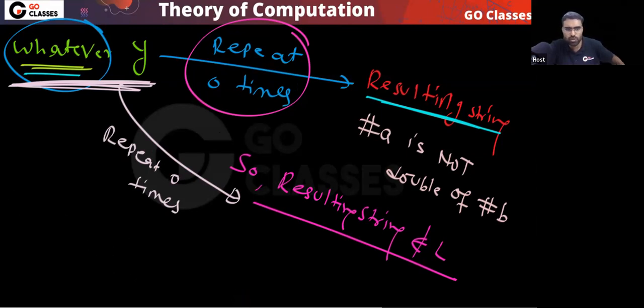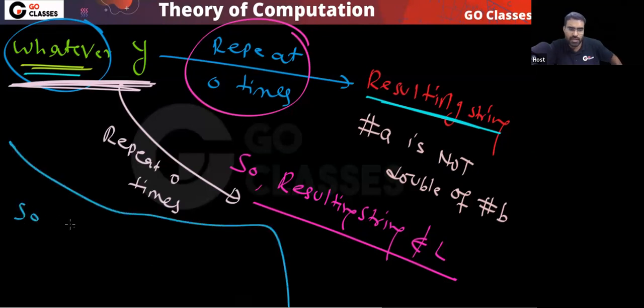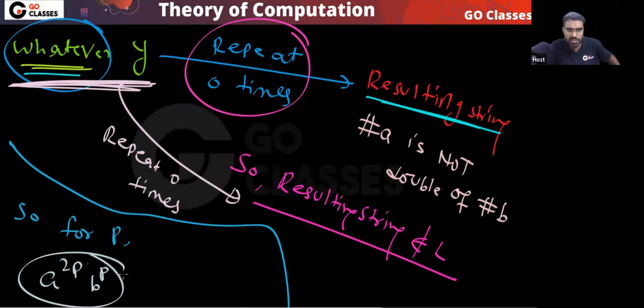Yes or no? So this string is saying I will not pump. Whatever P you take, for all P, which string is saying I will not pump? This string, A power 2P, B power P. This string says I will not pump.